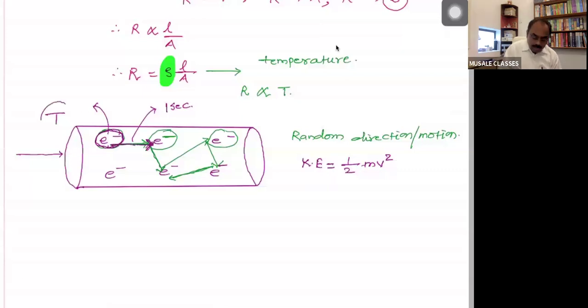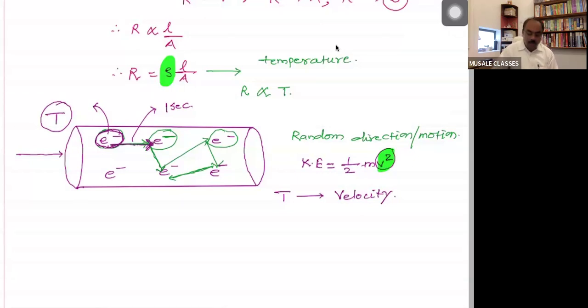When we increase the temperature, its velocity increases.